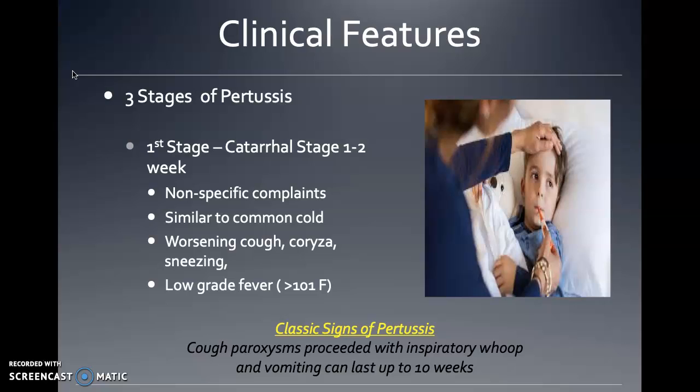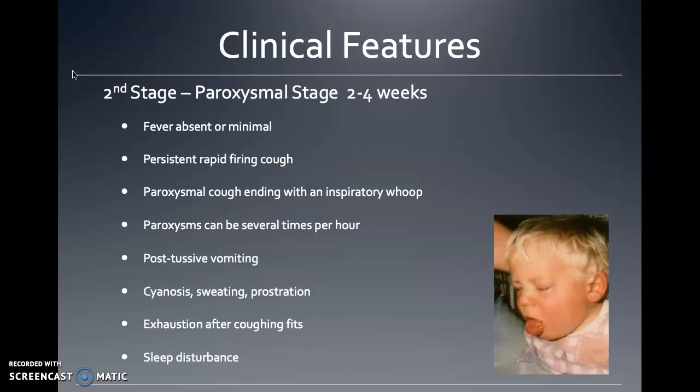And they go to the second stage, the paroxysmal stage, where the classic symptoms of pertussis happen. They might have a fever, maybe, or minimal, and a rapid firing of cough happens in this stage, the violent cough.